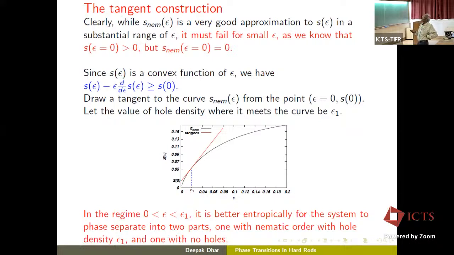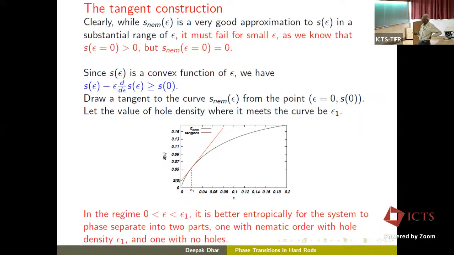So if you take any point S and draw a tangent to this, it must intercept at a value bigger than S0 for a convex curve. And so in particular, if I start here and I take a tangent to this curve, then all these values here will not be allowed, because then the intercept cannot be here. So this point is called epsilon 1.